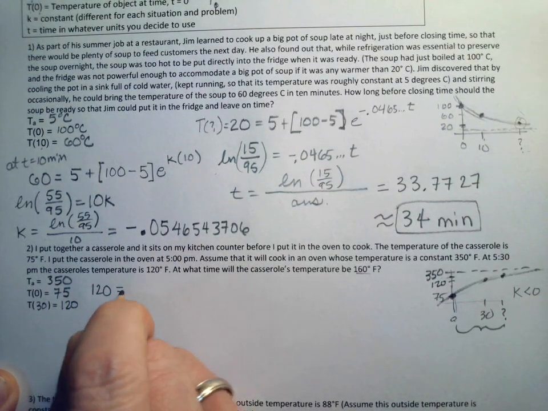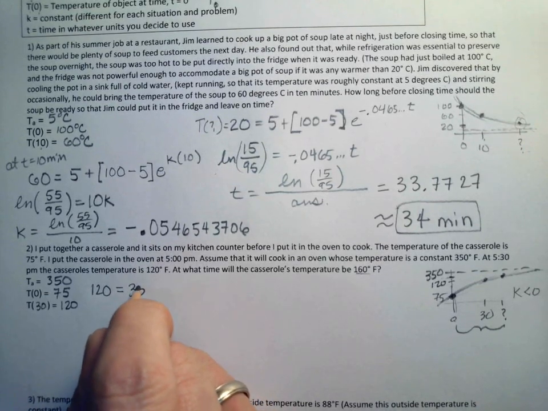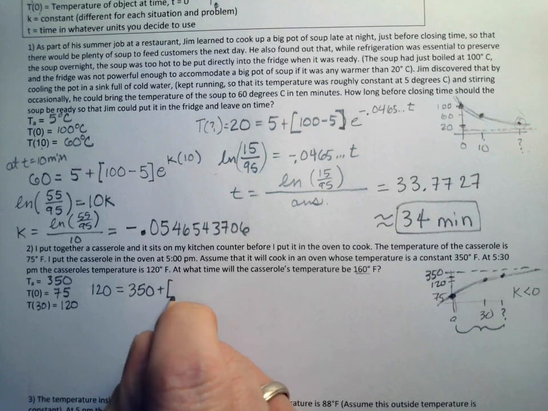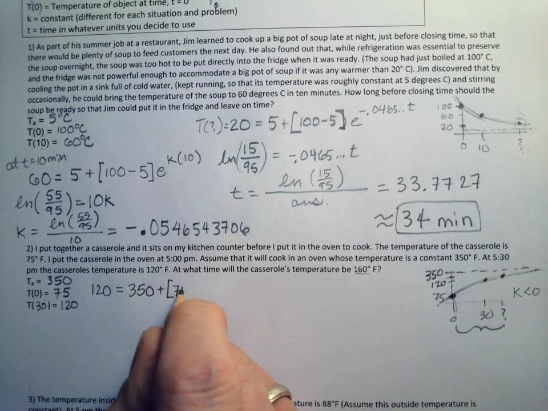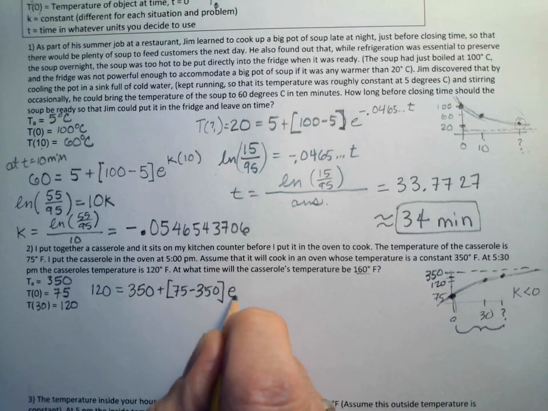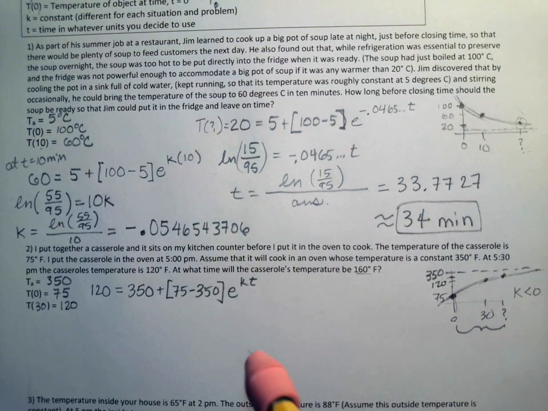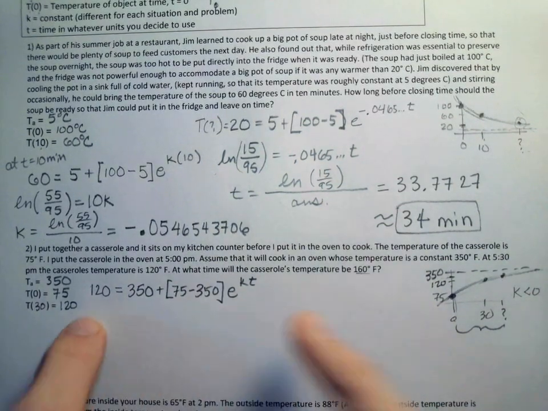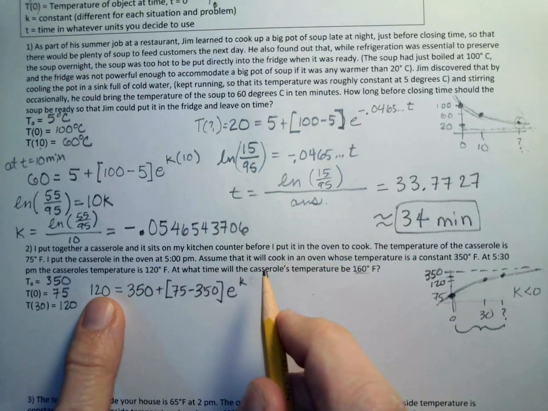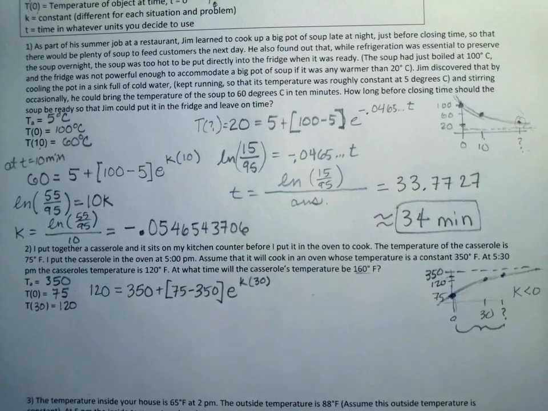So 120 is equal to the ambient, 350, plus the initial, 75, minus 350, times e to the kt. Except we're trying to find the k here, right? So t is 30, because that's the time that this temperature is reached, 30 minutes later.